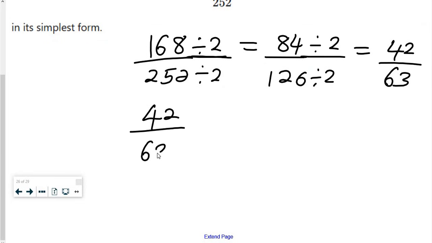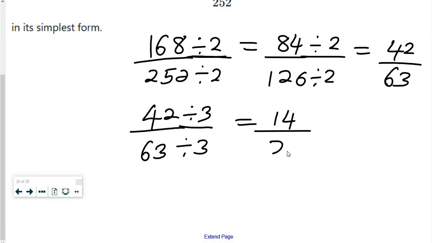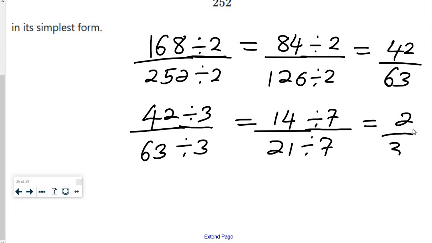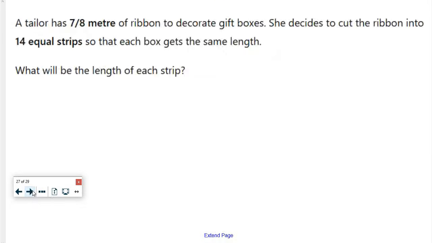This will be divisible by 3. 42 divided by 3 will be equal to 14. 63 divided by 3 will equal 21. Finally, divide by 7, divide by 7. Answer will be 2 upon 3. This is what we call the simplest form. Right, so we are almost there.